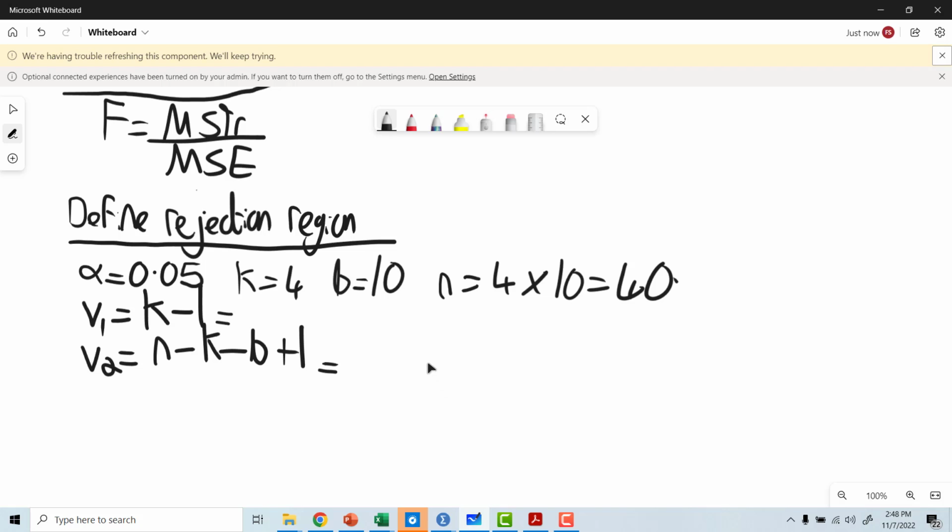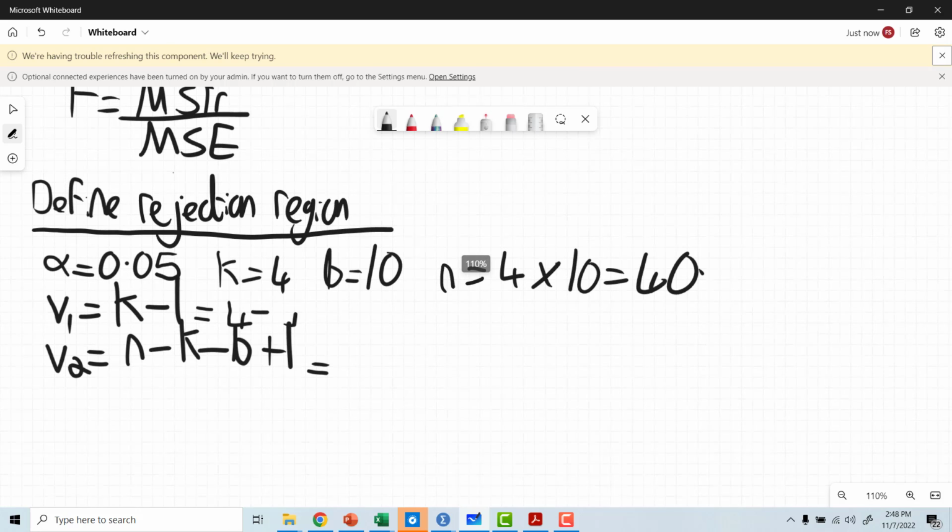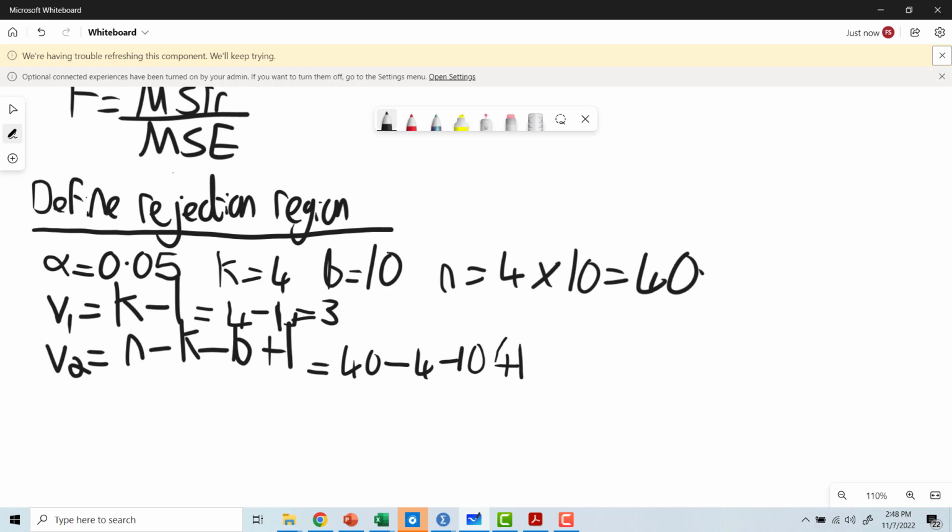Okay, so let's just go through this. Degrees of freedom, 4 minus 1. Whoops, I don't know what I did there. I think I made it a bit bigger. 4 minus 1 is 3. And 40 minus 4 minus 10 plus 1. Remember that I'm going to circle this because it's so easy to do minus 1. I've done that on the board and embarrassed myself before. That's going to be 40 minus 14 is 26 plus 1 is 27.